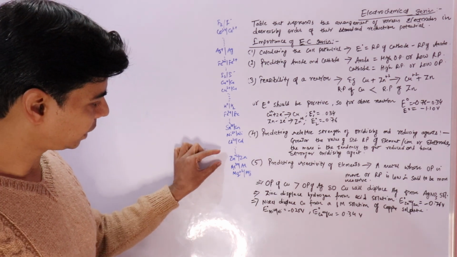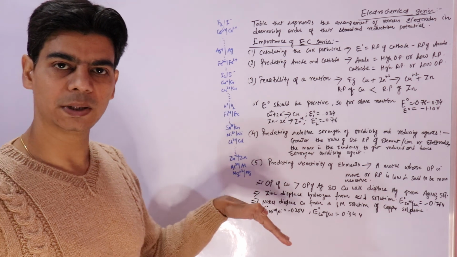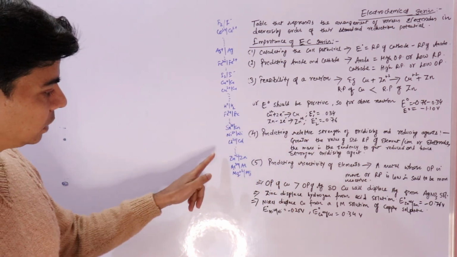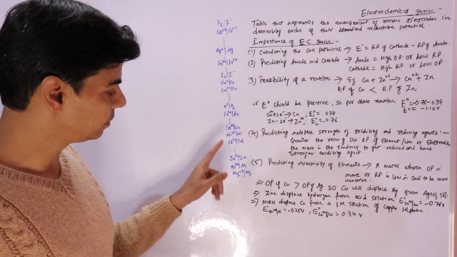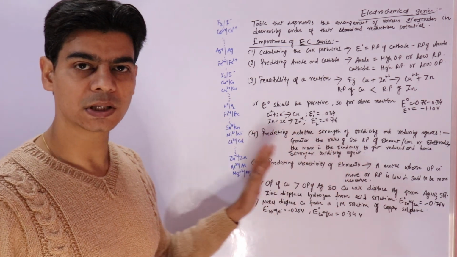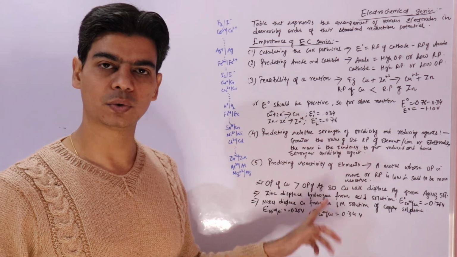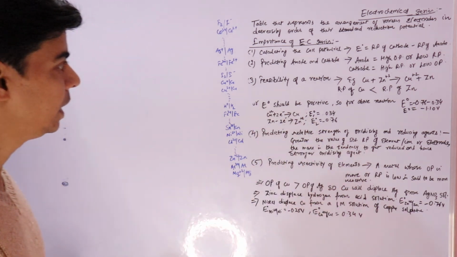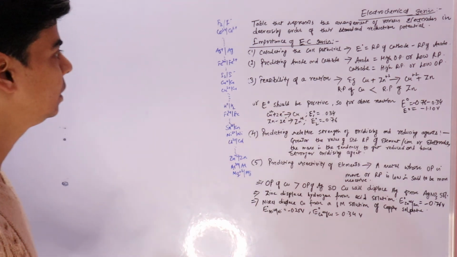It's the electrode potential of this single electrode. This electrochemical series will also tell you the electrode potential of this single electrode measured on the hydrogen scale, and it is arranged in decreasing order of their reduction potential.